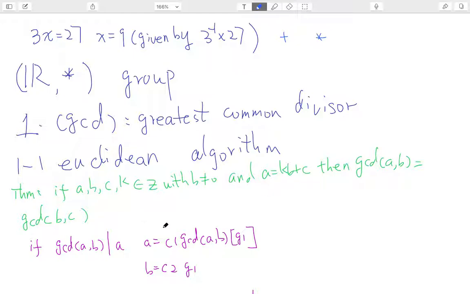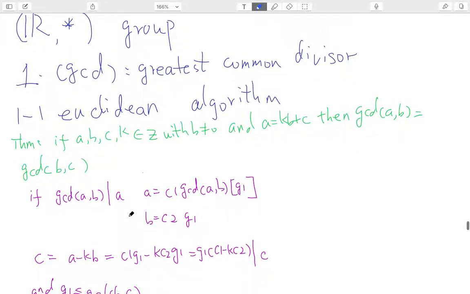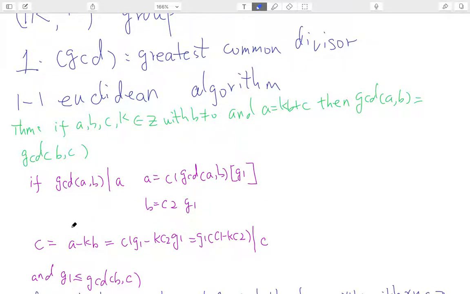So now let me try to prove this theorem before we use it later on. From left to right, if the greatest common divisor divides a, it means a is equal to a constant c1 times the greatest common divisor. I use g1 to represent it. So a is equal to c1 times g1. Similarly, b is equal to c2 times g1 because this GCD also divides b.